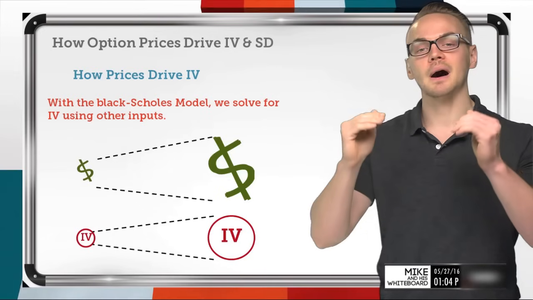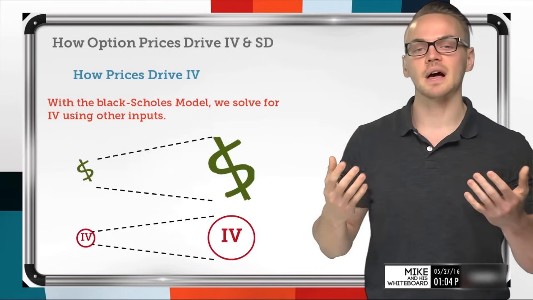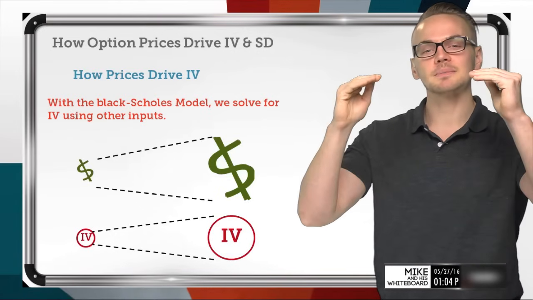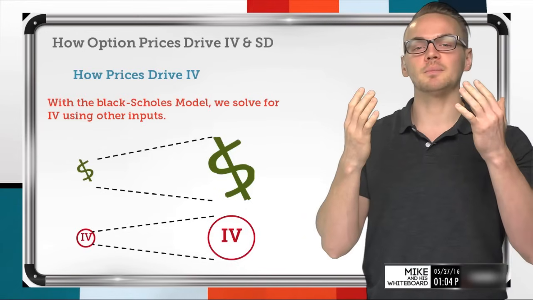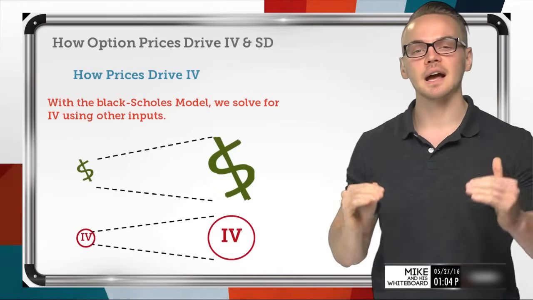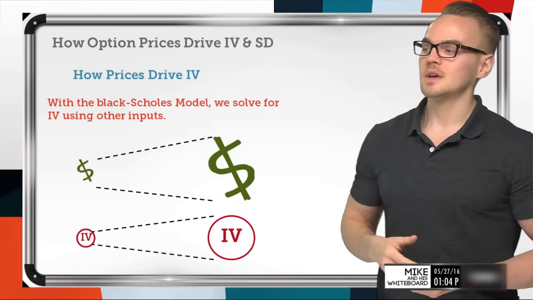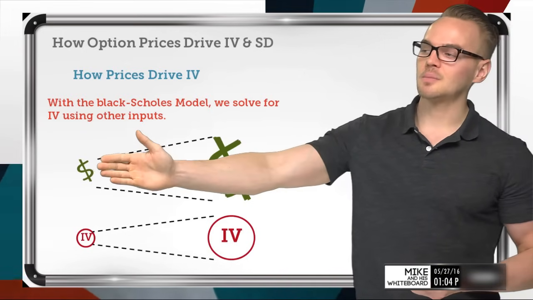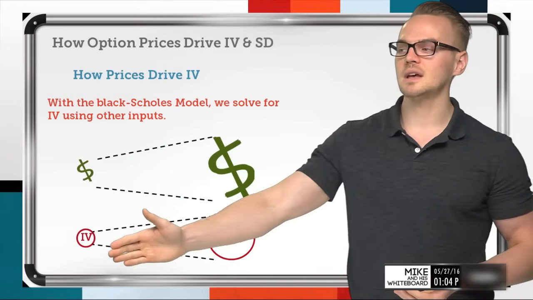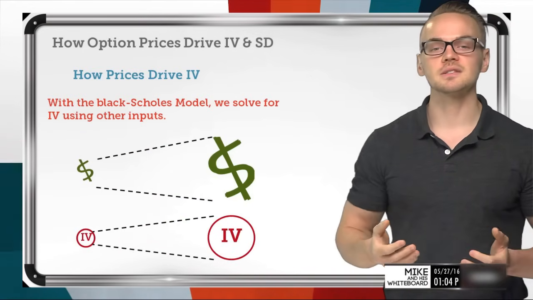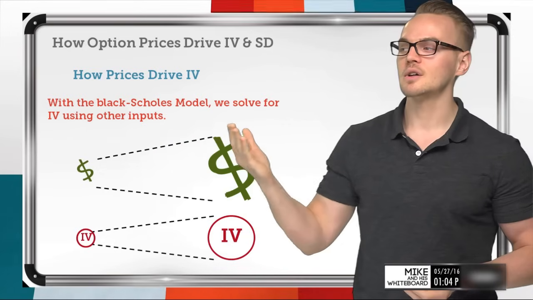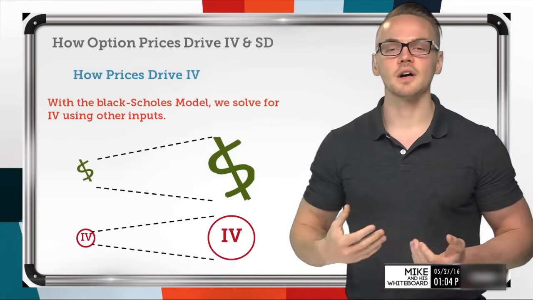Think about it like supply and demand. When people are buying options, that's going to drive the price of those options up. If people are selling options, that's going to drive the price down, just like the normal stock market. So when options are priced at a lower level, we see a lower implied volatility, because with the Black-Scholes model we solve for IV using these other inputs.